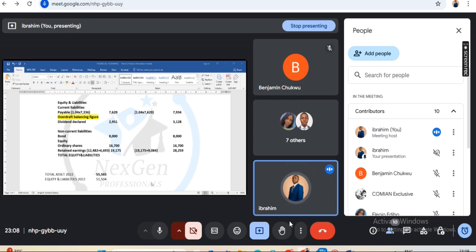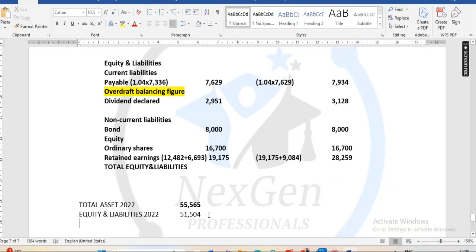Either you get a cash balance or you have an overdraft, because the company did not want to go into debt. They want to use an overdraft. So either you have a cash balance or they have an overdraft at the end of the period. So what it indicates is that they have borrowed money to do what? To buy assets. Class, sorry about that, I didn't see it early. Overdraft.